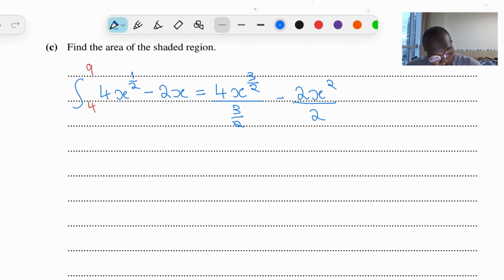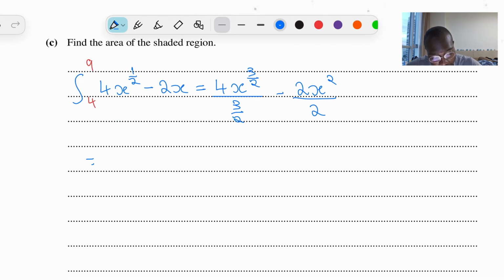And then if we work that out, we get 8 over 3 x to the 3 over 2 minus x squared, and then we can put in our limits now of 4 and 9, okay?